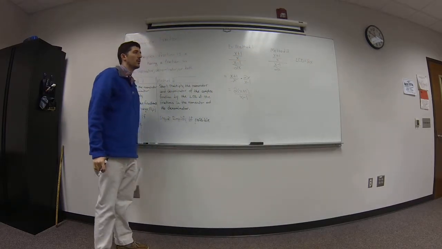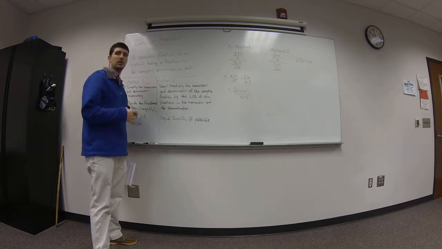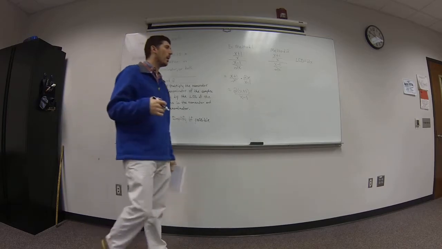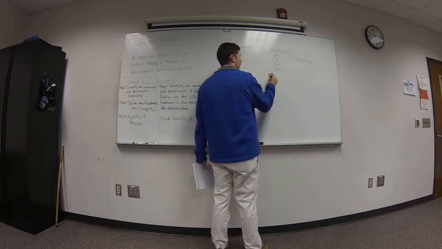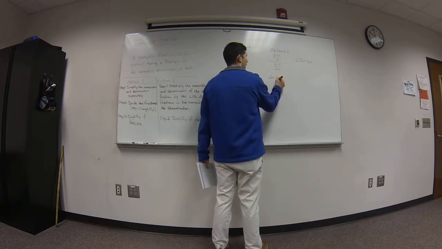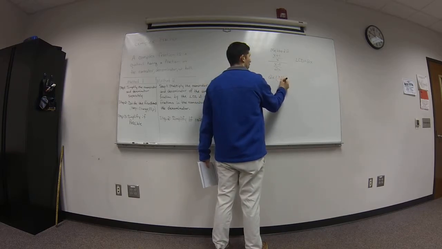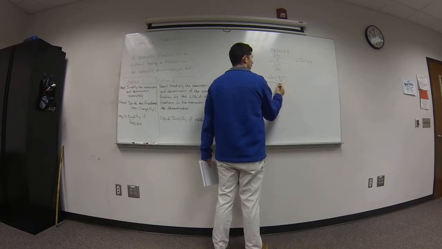So now that we know the LCD, method two tells us to multiply the top and the bottom of our complex fraction by that. So I have 2x times x plus 1 over x on the top, and on the bottom I have 2x times x minus 1 over 2x.